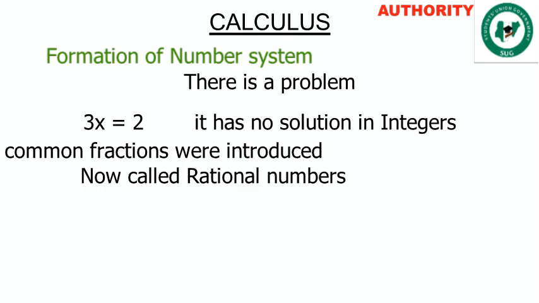We have 3x is equal to 2. If you want to solve it, divide both sides by 3. So you have x is equal to 2 divided by 3. 2 divided by 3 is exactly 0.6666 and so on. You get it?